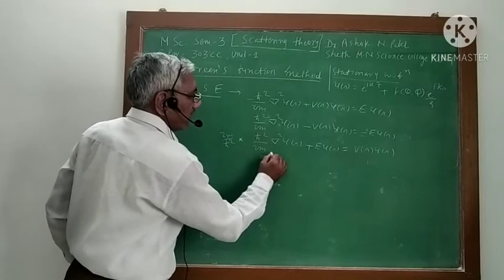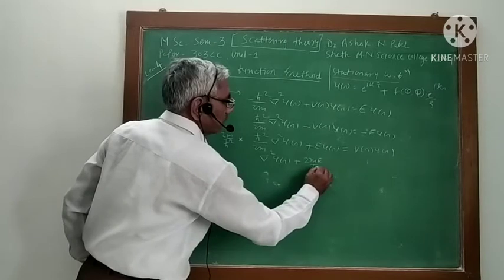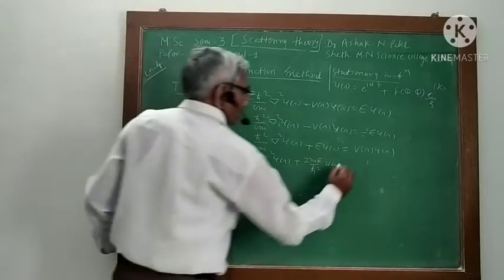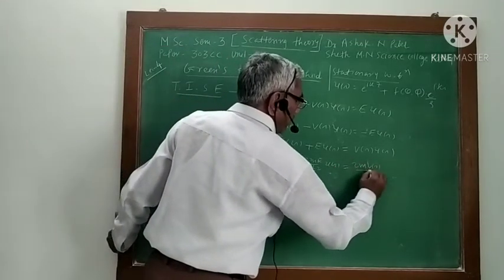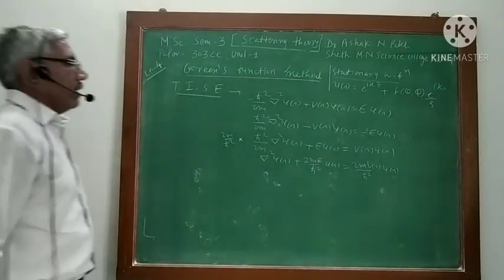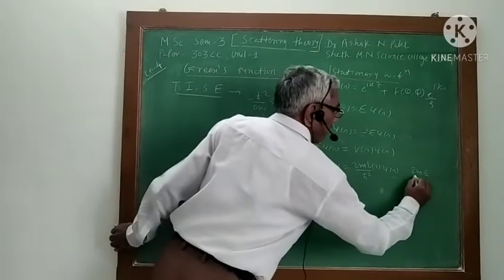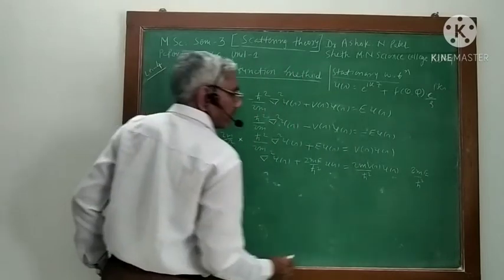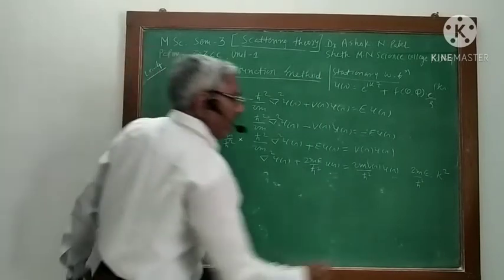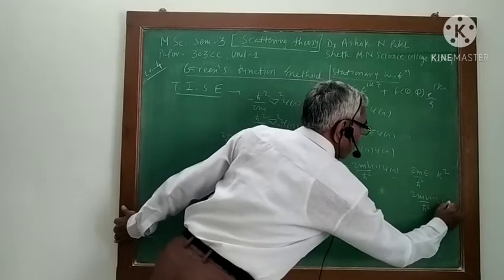So it's simply ∇²ψ(r) plus 2mE/ħ² ψ(r) is equal to 2mV(r)/ħ² ψ(r). Now I define 2mE/ħ² as k², and 2mV(r)/ħ² as U(r).